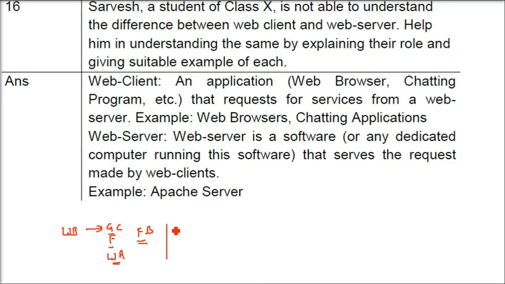So when you open these, these are the web client because these are the applications that request services from a web server. These web browsers are asking something from the web server. So you can just say that web browsers and chatting applications are web clients.